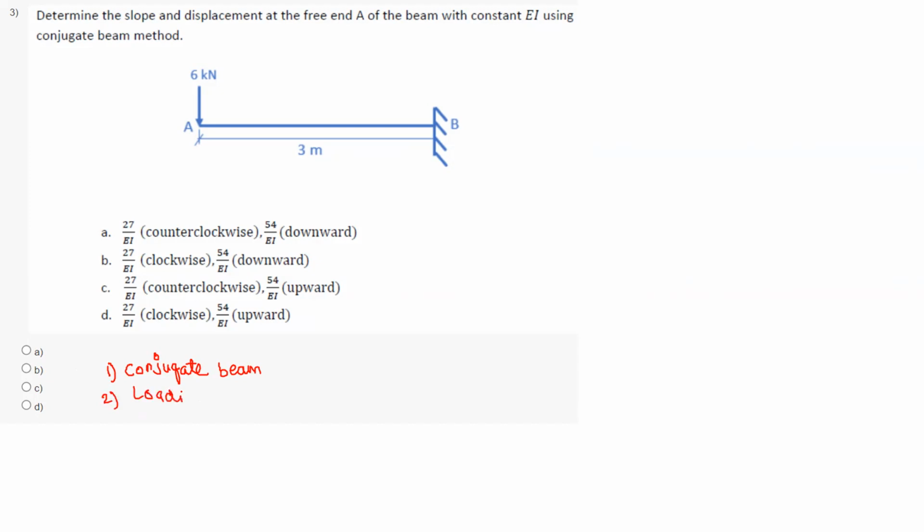Loading on the conjugate beam is the M by EI diagram. And then shear force gives you slope, and bending moment gives you deflection.